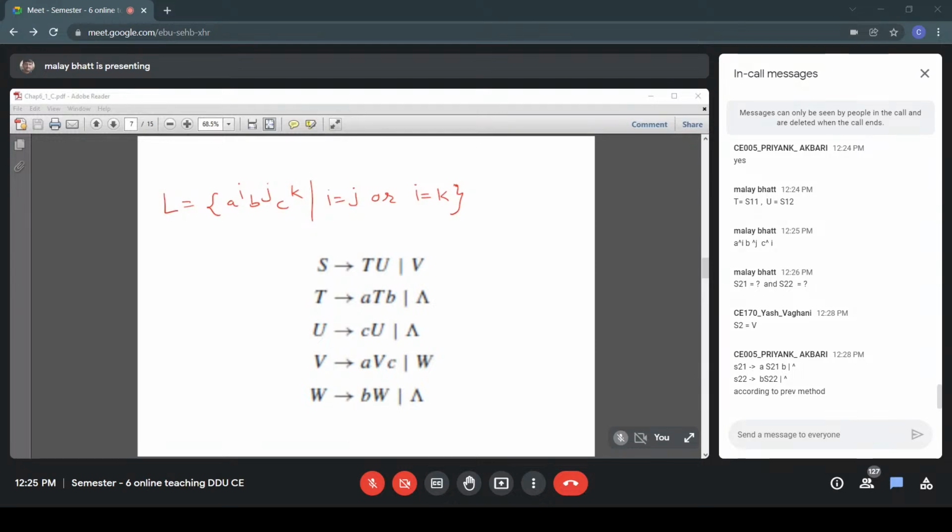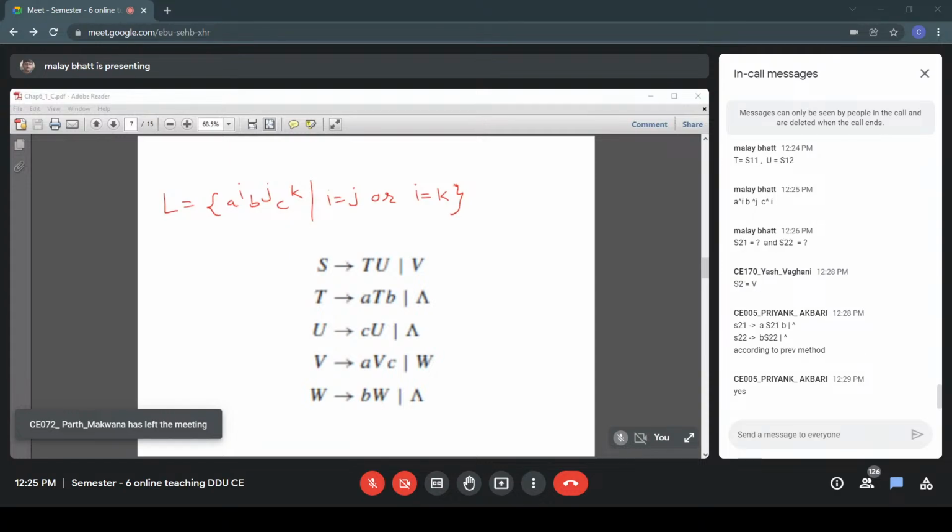B is independent. Yeah, I think you need to check this. I think you want to write C there in S21. That is the only small mistake in that. In hurry, you have written B by mistake.